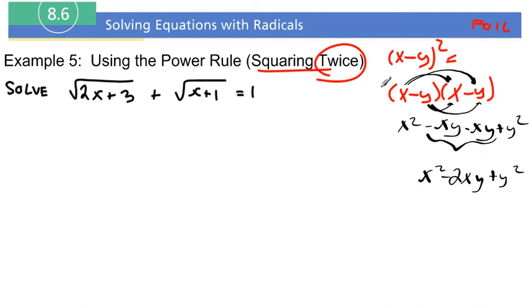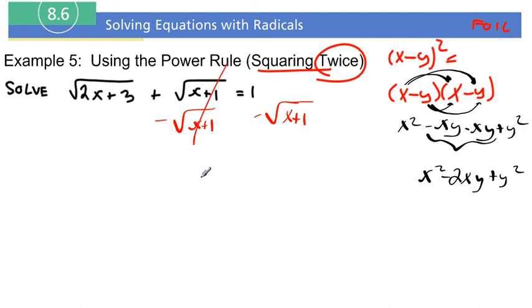All right, so first of all, let's isolate one of our radicals. I'm going to get this one all by itself right here. So I'm going to subtract radical x plus 1 from both sides.